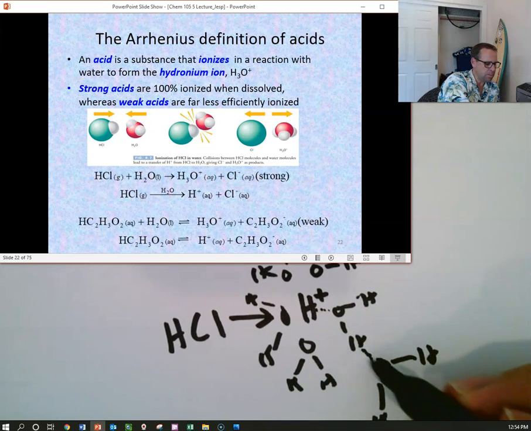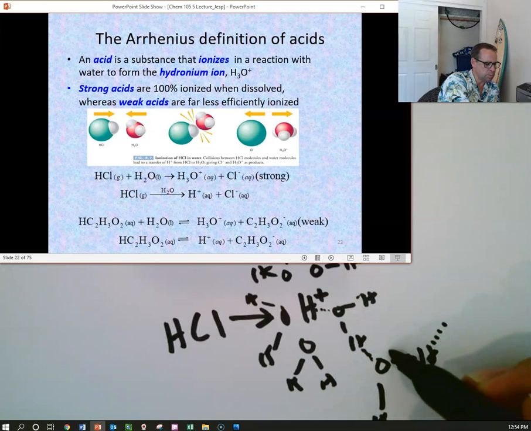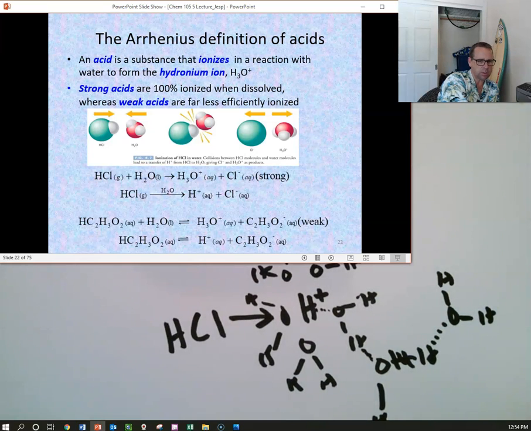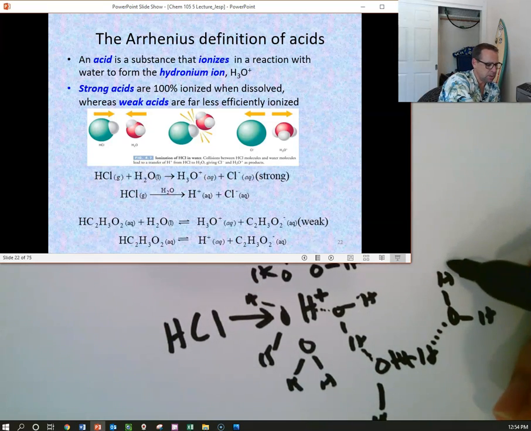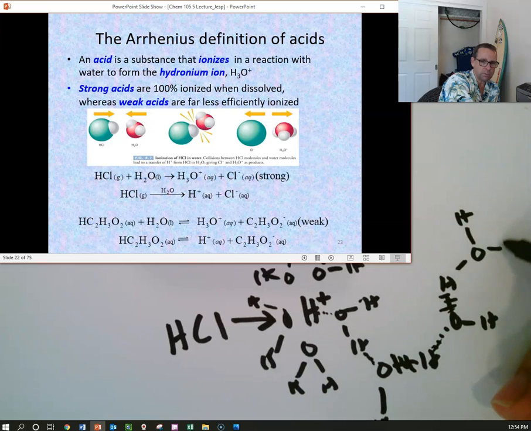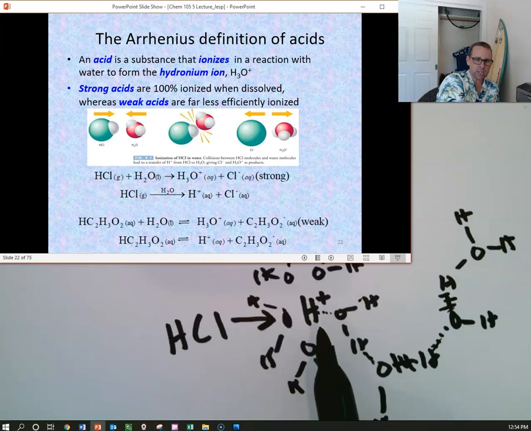Then when that new bond forms, this has 3 hydrogens, and that bond is going to want to break and let that hydrogen go with a different water molecule. And so the hydrogen ion that's released never stays on one water molecule.